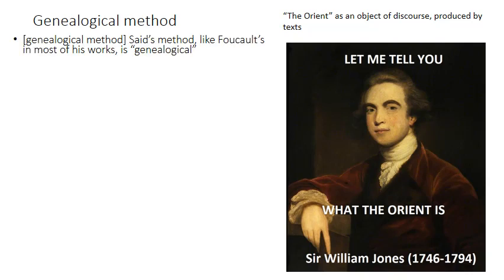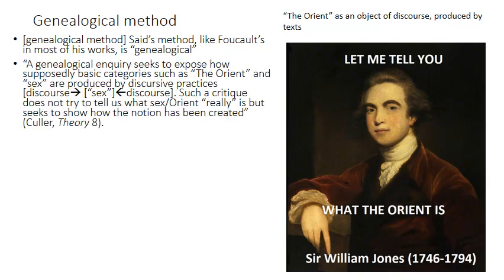All right, so Said's method, like Foucault's in most of his works, is genealogical. A genealogical inquiry seeks to expose how supposedly basic categories such as the Orient and sex are produced by discursive practices. So I've given you a little diagram there of how discourse produces the notion of sex. That's not to say that there isn't real sex. People are having real sex, but over and above that material reality, there is the discursive reality.